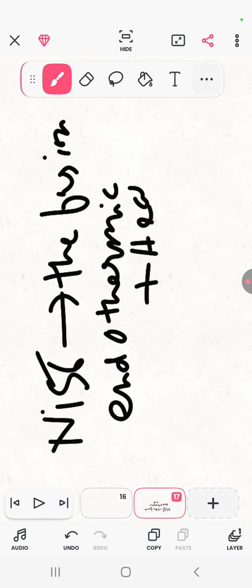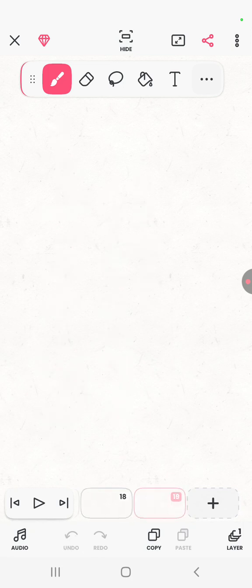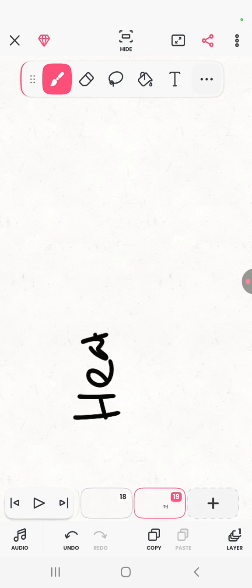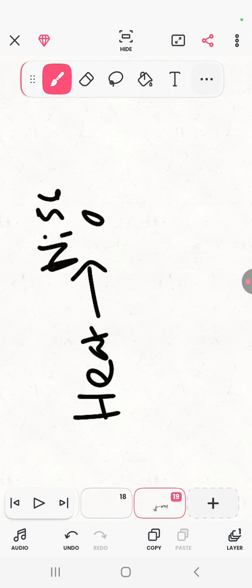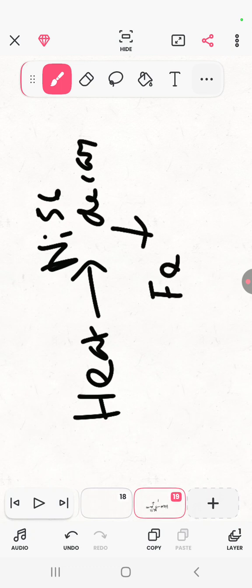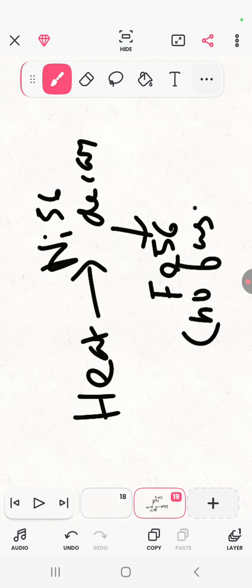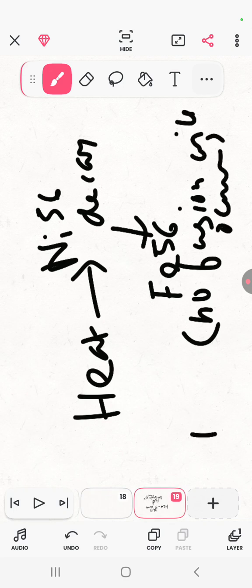And then what will happen? The heat absorbed due to endothermism will cause the decay of Ni56, and it would decay into Fe56. And after this, no fusion will occur. So that's how the NiFe core is formed.